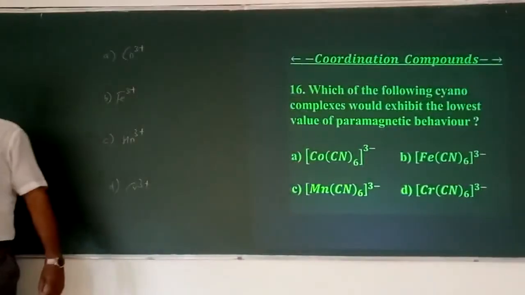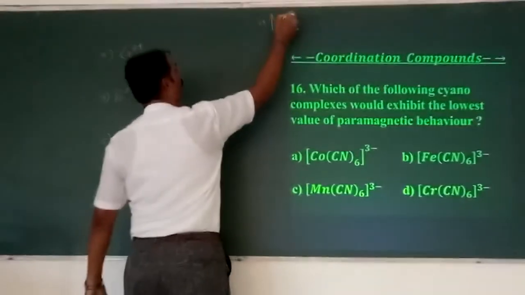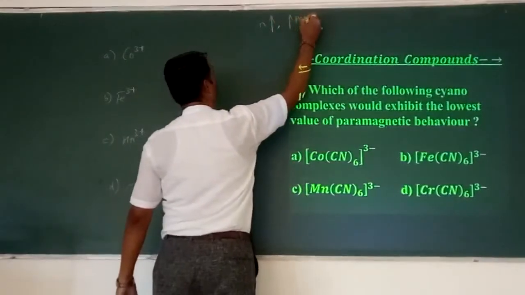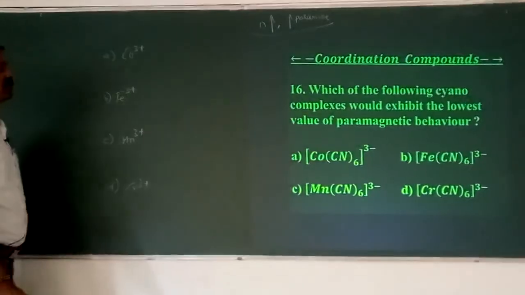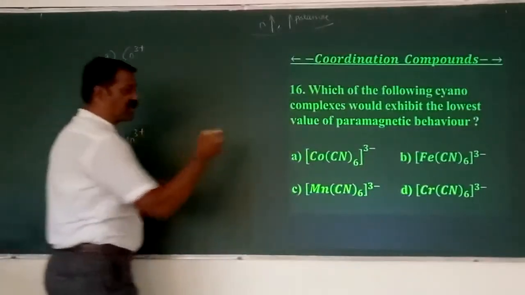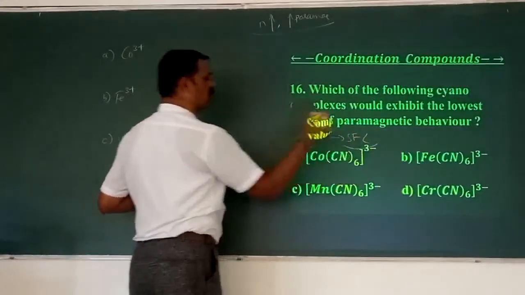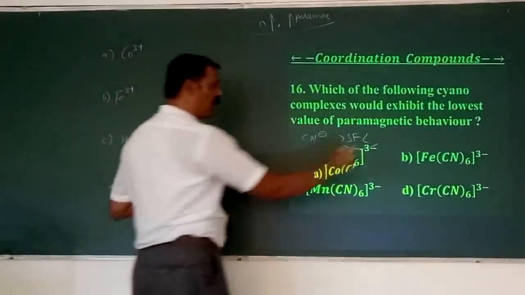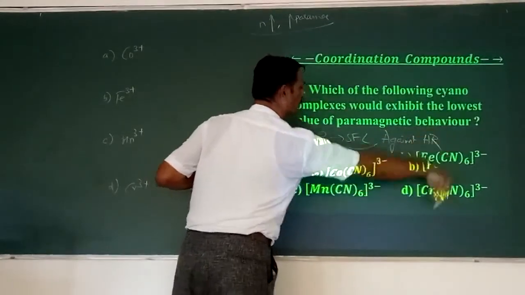Here, the more the value of n, the more is the paramagnetic behavior. It depends upon the number of unpaired electrons. All are cyanides. Cyanides are strong field ligands. Strong field means again Hund's rule.